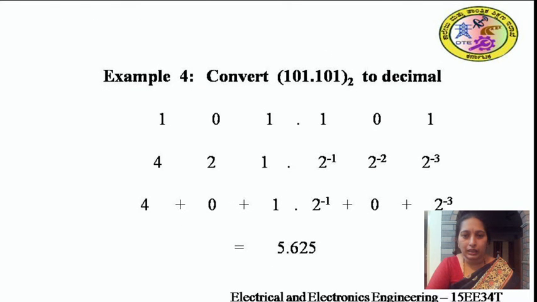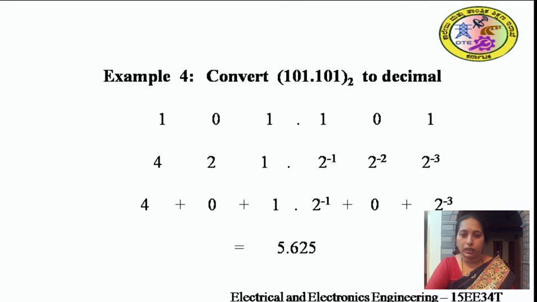Let's take another example. This number consists of the integer part and the fraction part. In the integer part I have written the binary weights correspondingly, and in the fraction part also I have written the weights.